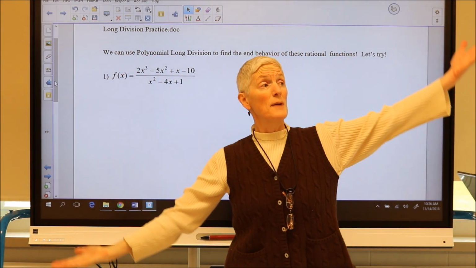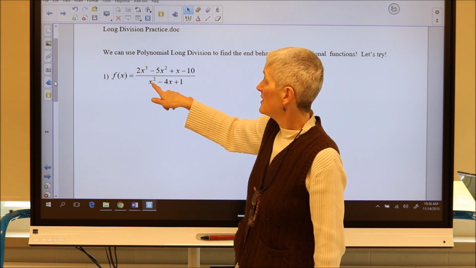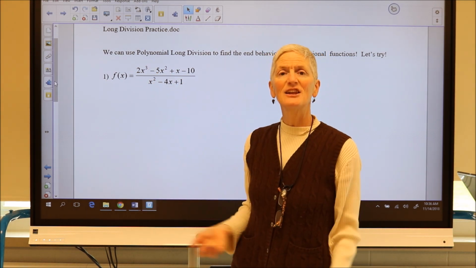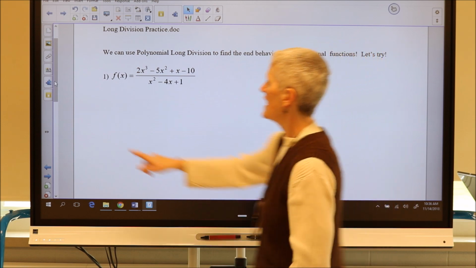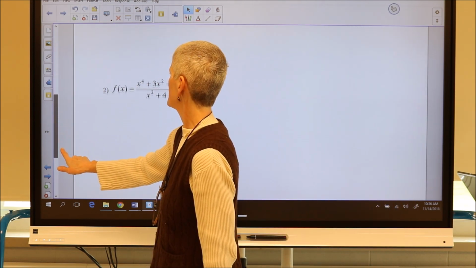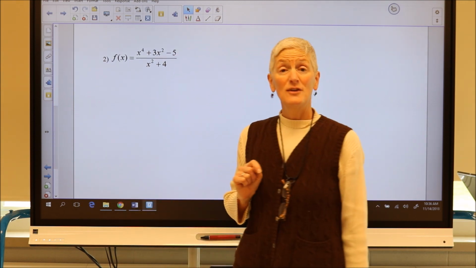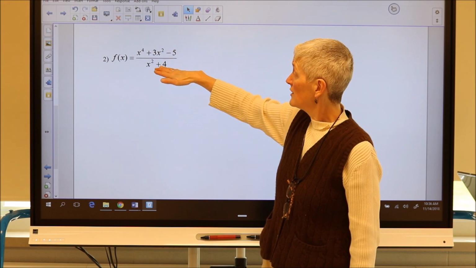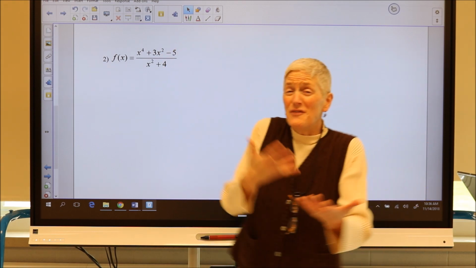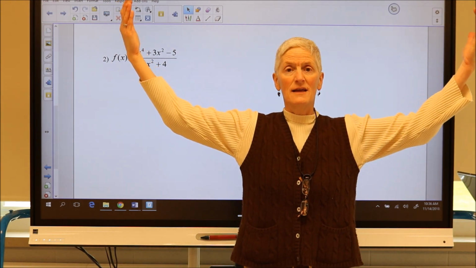What type of function am I going to get? Sure, 1 degree bigger on the top than the bottom, I'll get a linear function. I could figure that out using polynomial long division. Let's look at number 2 here. I have an x to the fourth. I have a degree 4 in the numerator, a degree 2 in the denominator. If I'm dividing those, I'm going to end up with quadratic end behavior.